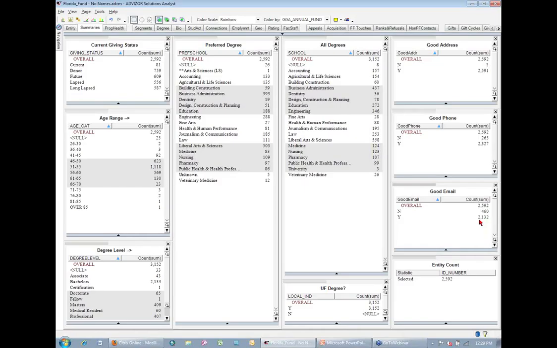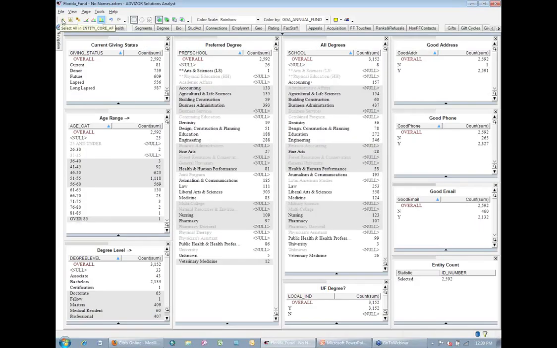So that right there is an example of how we would use Advisor to figure out a segment, how to plan our approach, and how to figure out how many people we're shooting for. So that's one example. I'm going to go ahead and bring everybody back into the project so we can do a second question.